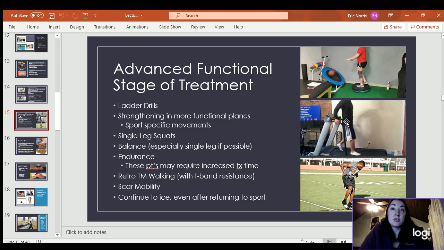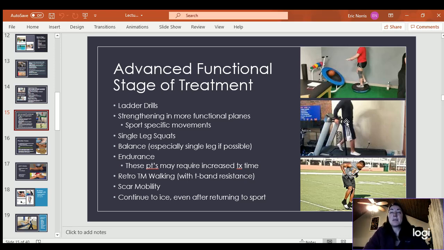increasing their endurance. We cannot bill for endurance, but of course you would never release an athlete back to their sport for full contact or whatever they need without going through very rigorous things in the clinic.